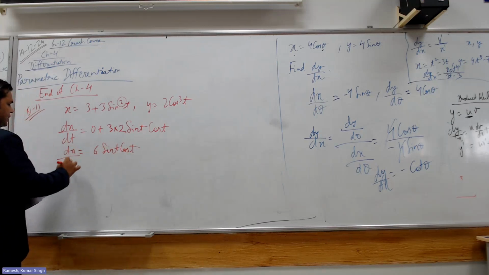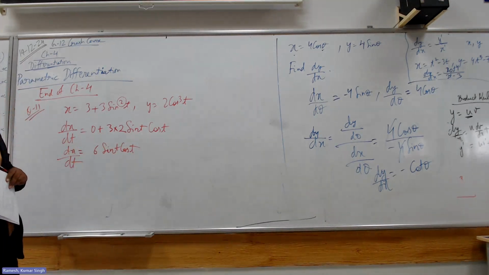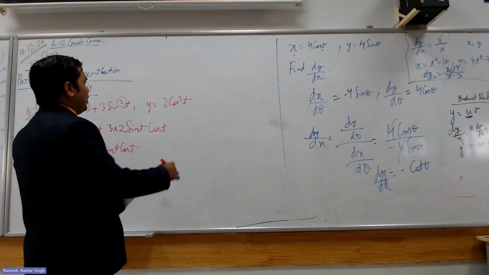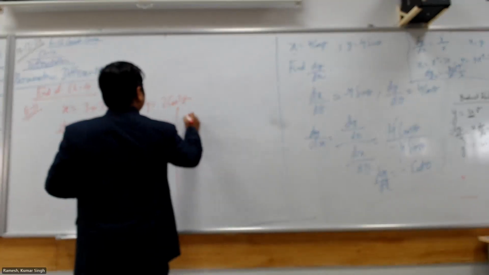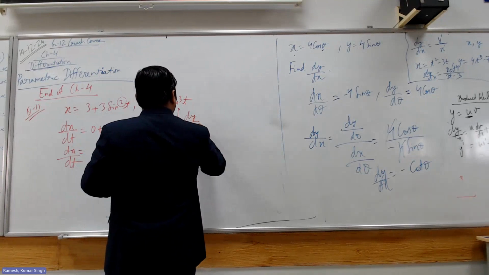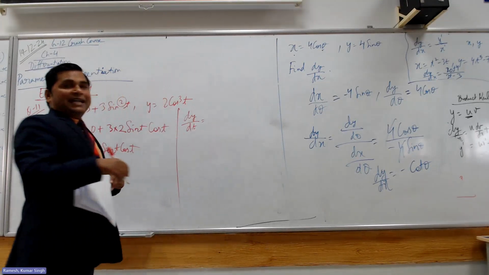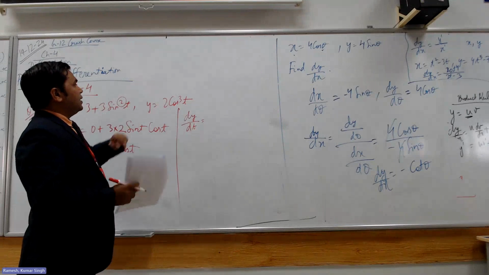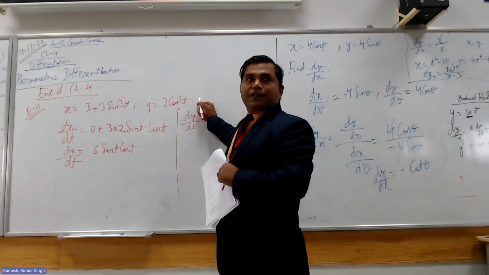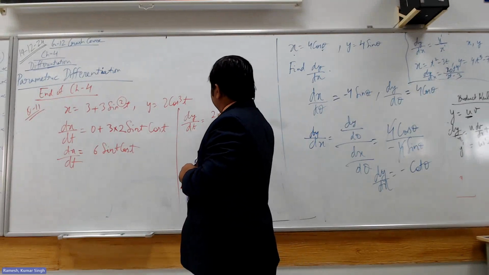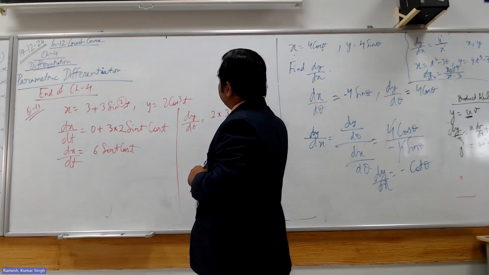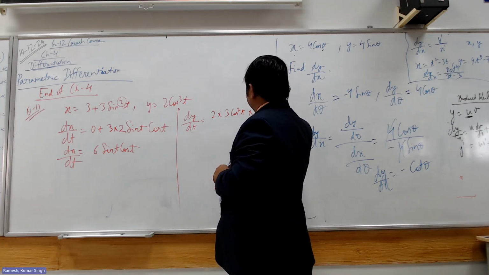Is this making sense? dx over dt, clear? We want to find dy over dt, because dy over dx is dy over dt divided by dx over dt. So we're going to differentiate y, just given in terms of t. So this is going to be 2 times 3 cos square t times negative sine t.